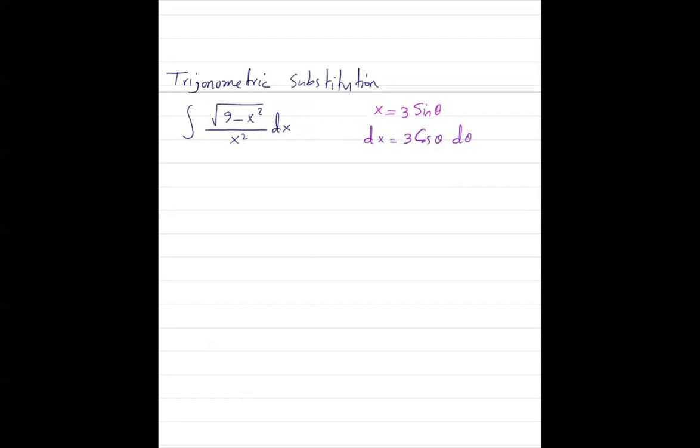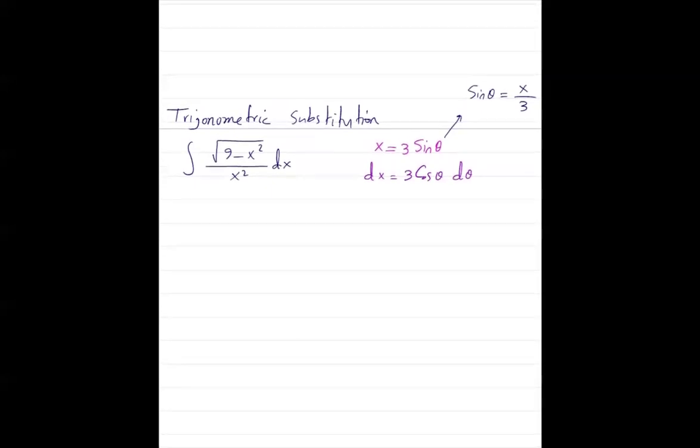And again, remember that when x is equal to 3 sine theta, sine theta is x divided by 3. Remember that. It's from your right triangle. When you have a right triangle, here you have your theta, and sine by definition is x divided by 3.